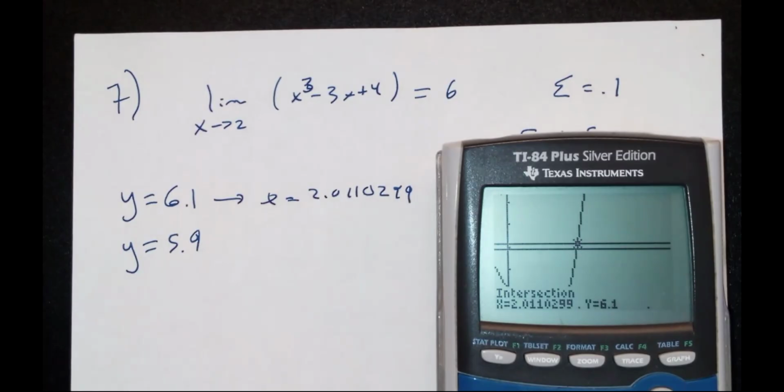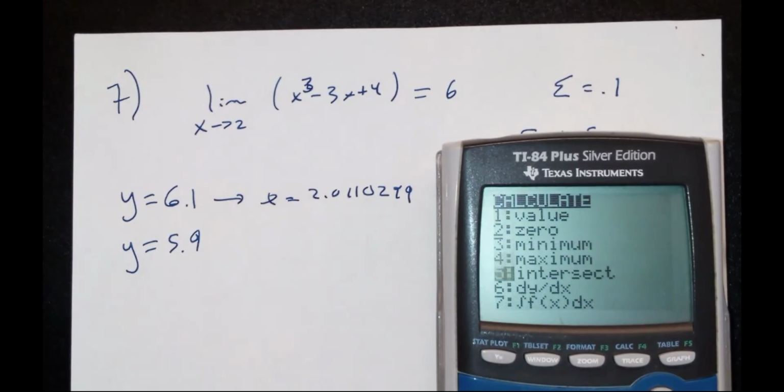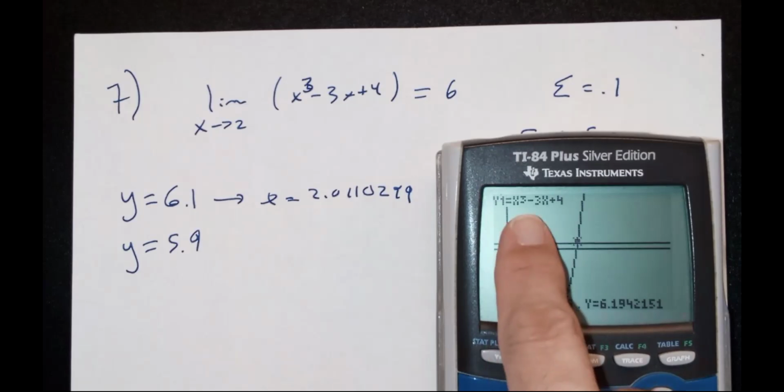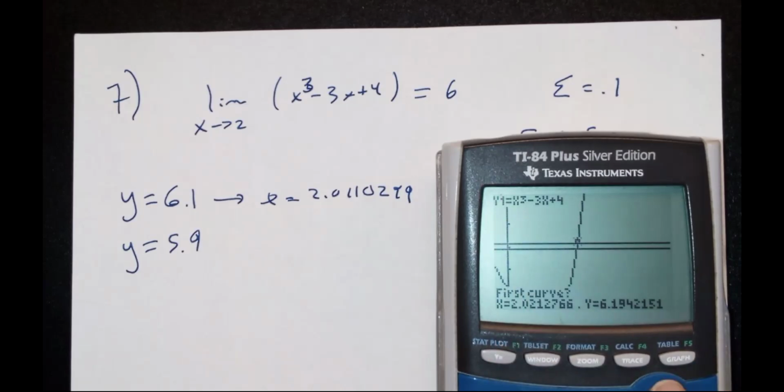Now let's repeat this process, but this time instead of using 6.1, we'll use 5.9. Option number 5 for intersection. The first equation is the one I want on my graph. That's not the equation, so hit the down arrow to go from y2 to y3.